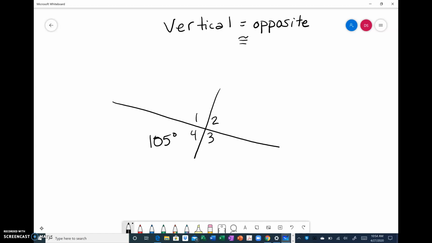Well, what's the vertical angle or the congruent angle to angle 4? It is angle 2. And we learned that vertical angles are congruent. Okay, so angle 2 would also have to be 105 degrees. All right. Pause the video, take a few seconds to answer 1, 2, and 3 of guided practice, then start it back up and I'll go over them with you.